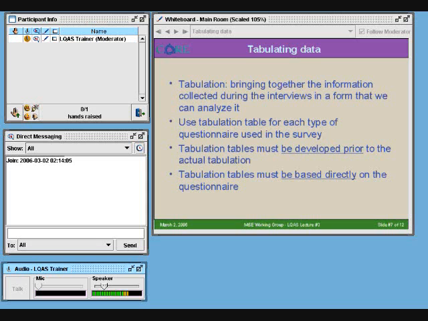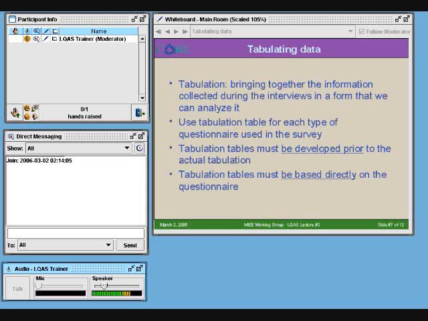The tabulation process requires the use of a tabulation table that will help us to structure all the survey data collected. When tabulating data from a survey implemented using LQAS, we should use one tabulation table for each type of questionnaire used in the survey.